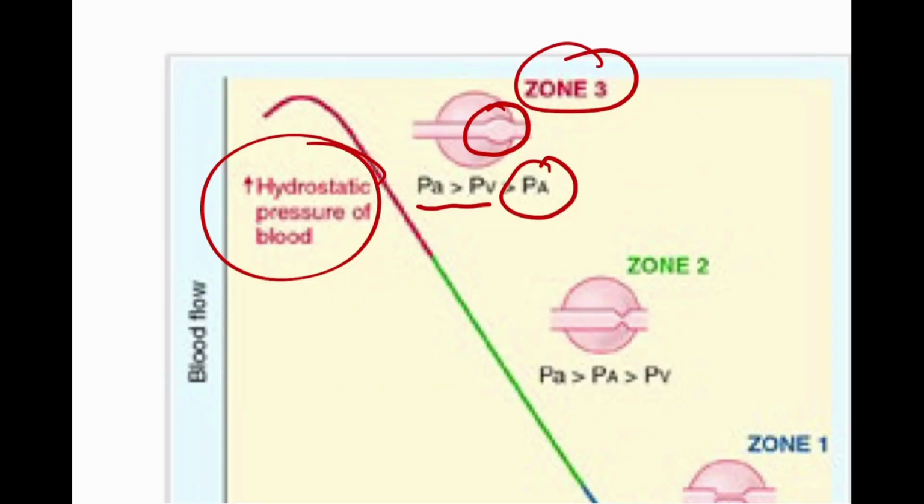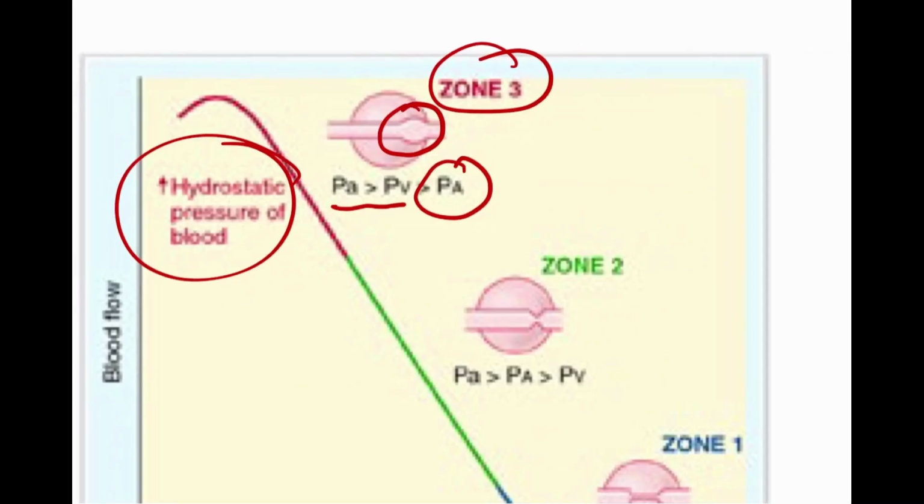So more blood in the base exerts a greater hydrostatic pressure as well. Zone 2, arterial is greater than alveolar, but alveolar pressure is still greater than venous pressure in the pulmonary, and we get mild occlusion there, not much, but you get some occlusion of the vessels.